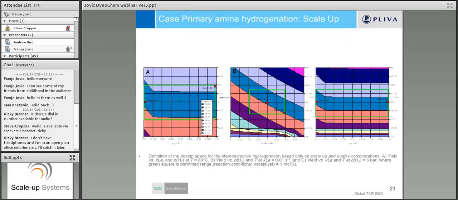So the next step is to define which parameters I will allow for production in order to control the process. So we used this on scale up to 40 liters, 40 liter scale. We allowed a certain range of process parameters, and we used different batches to really validate this model.